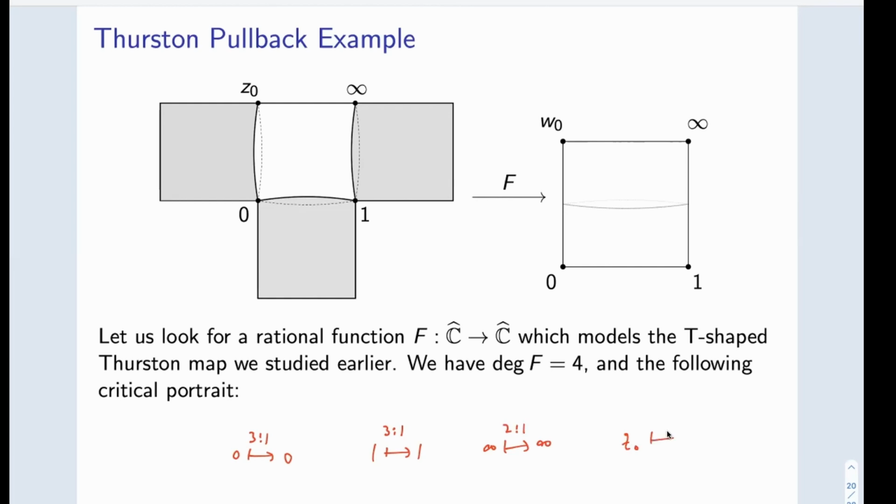In my labeling, at least, Z0 will get mapped to W0 with degree 2. All right. So this actually restricts what the form of the map should be by quite a bit. So again, we're looking for a rational map F that satisfies these properties.